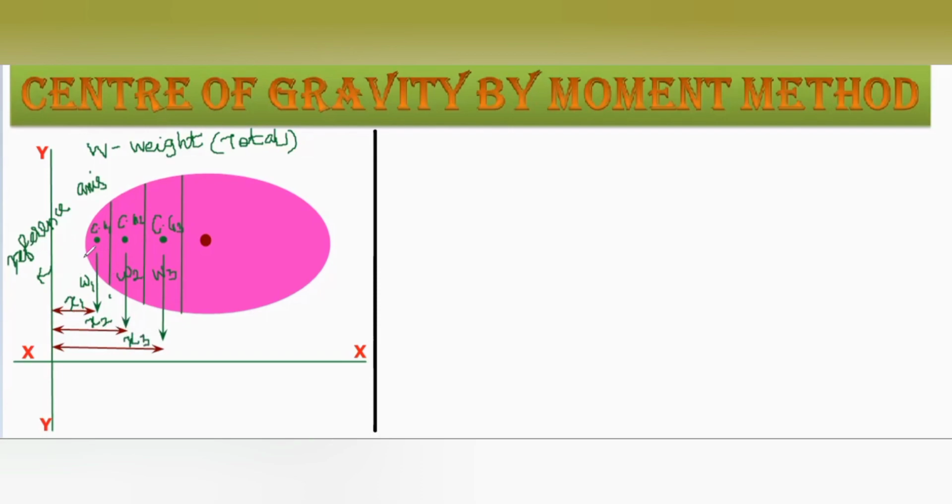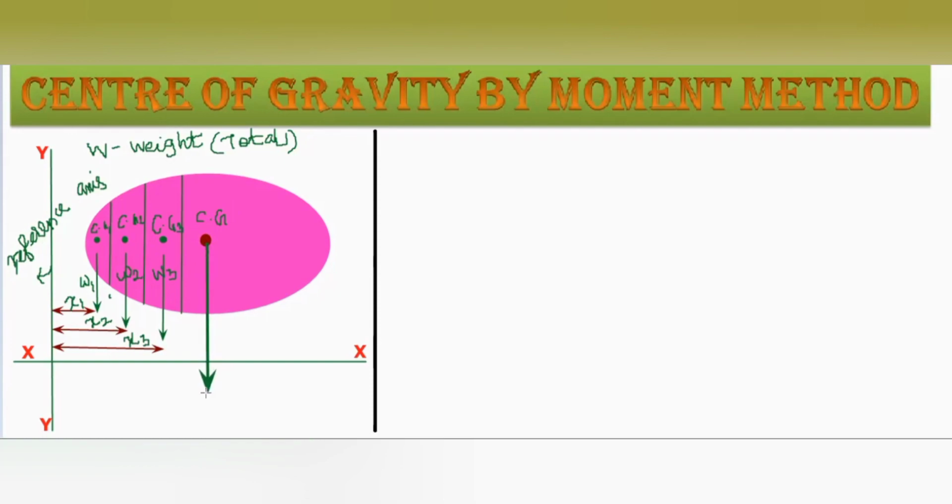If you consider this as the center of gravity of the entire section or entire area, we know that W, the total weight, will act exactly downward from this point.